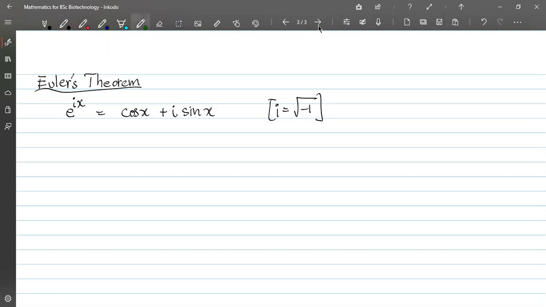So what we know is, e to the ix is equal to cos x plus i sin x. Okay. What about e to the minus ix? What will this be?